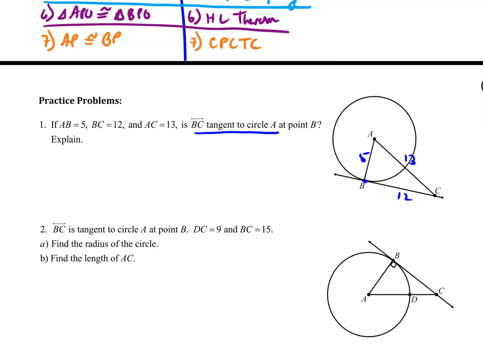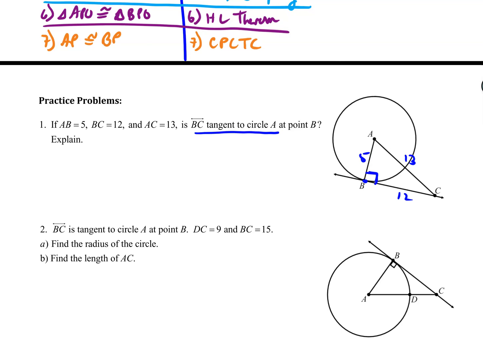Well, if this is a tangent line, then it would have to be perpendicular to AB because AB is a radius. So how do we know if this is a right angle? How do I know it's a right triangle is another way of saying the same question. So think, what do all right triangles have in common? They all follow the Pythagorean theorem, and the Pythagorean theorem must be true for any right triangle.